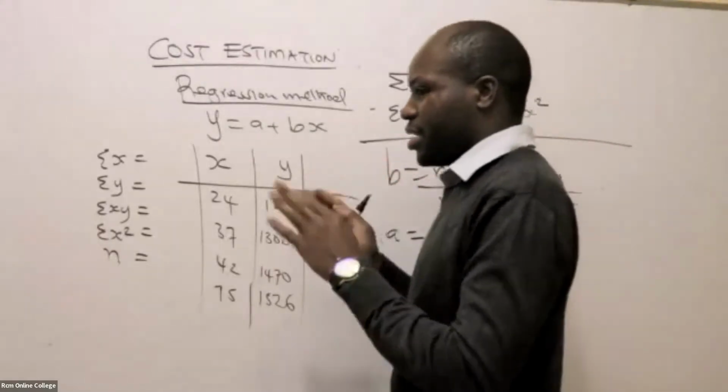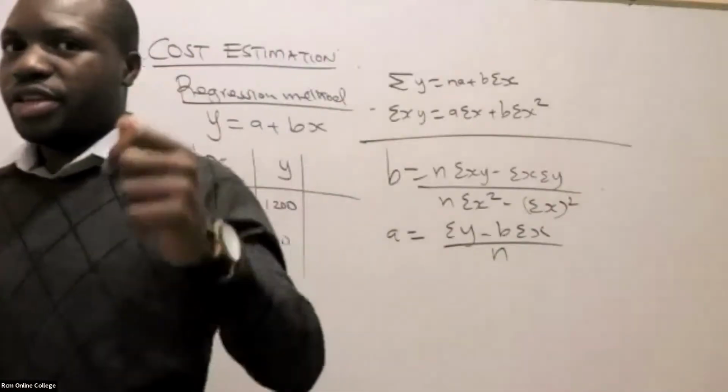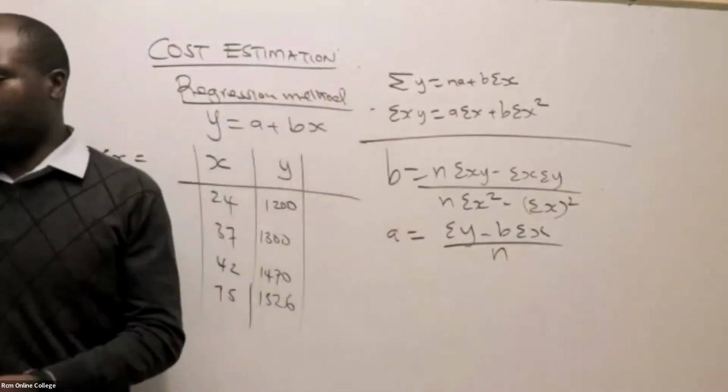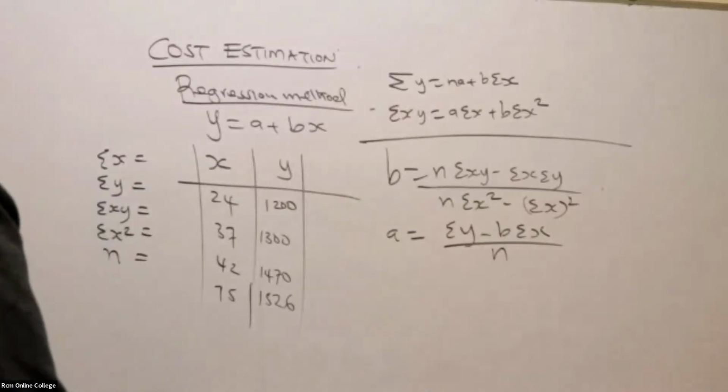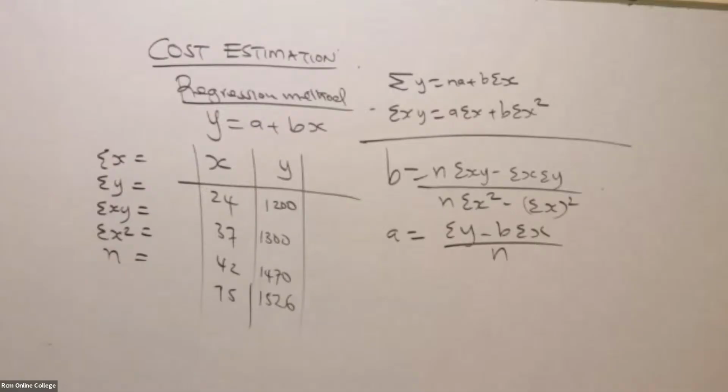If you have not been able to understand the calculator one, let us proceed and use this other approach. Now, this is what I'm trying to explain here, and I want us to do it together. When you get to advanced level, that is advanced management accounting, this is what you will be subjected to.